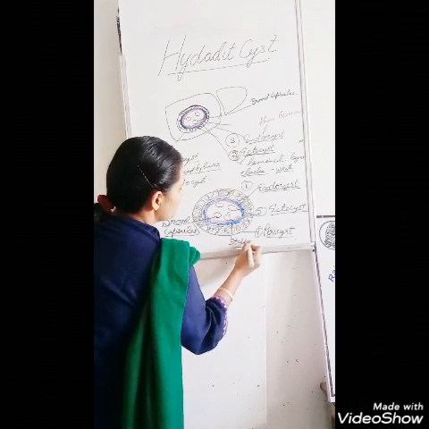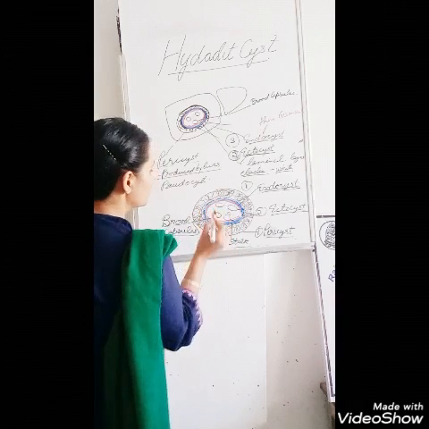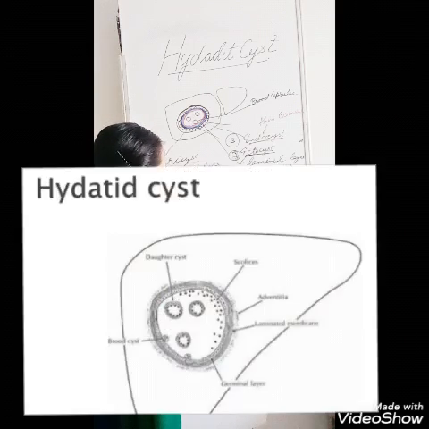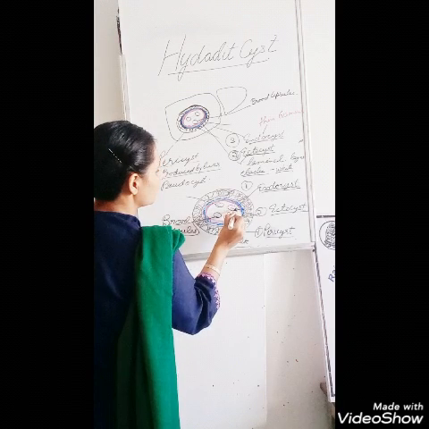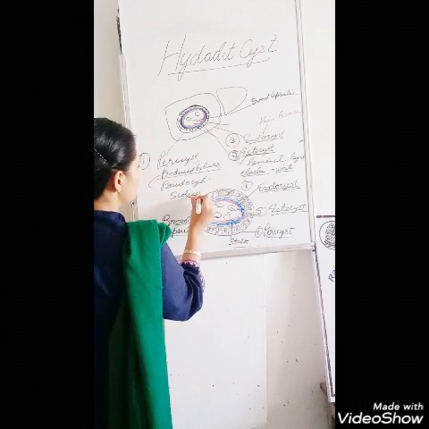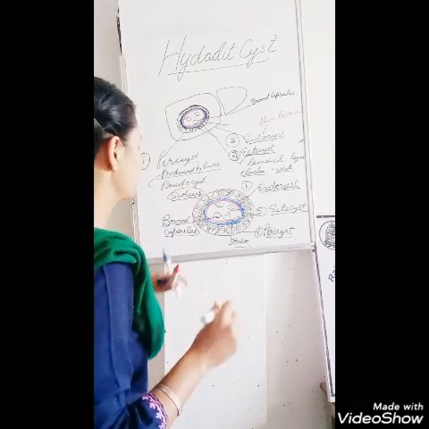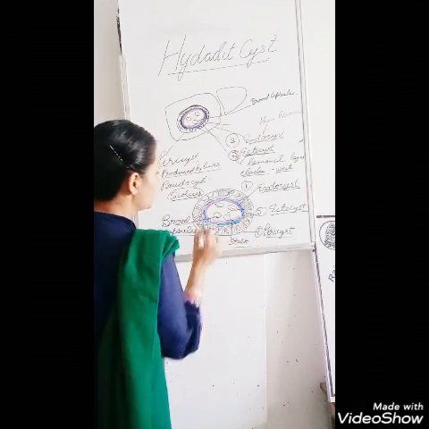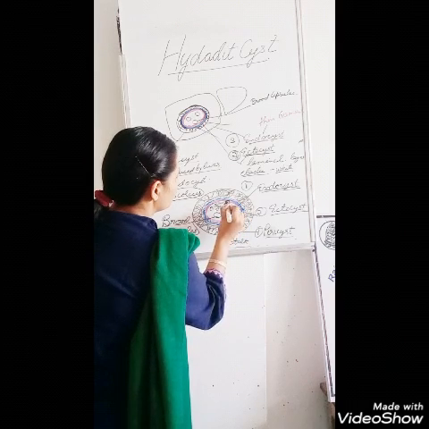So these brood capsules are attached with the stalk, and these brood capsules contain the scolices. That is the scolex in larval stage. Now this will keep continuing, so the cyst will keep continuing.